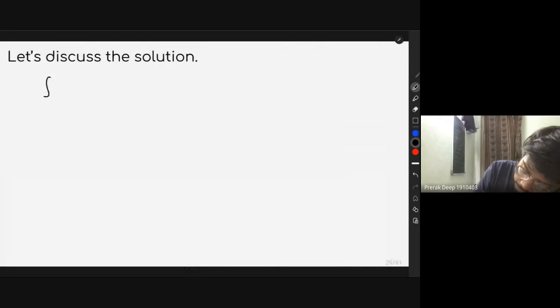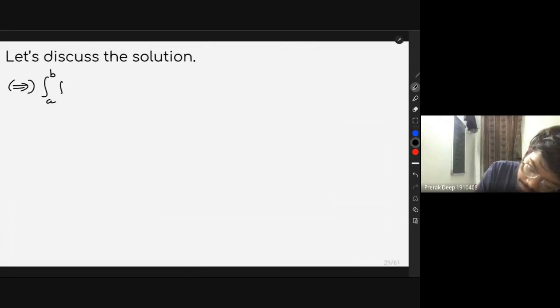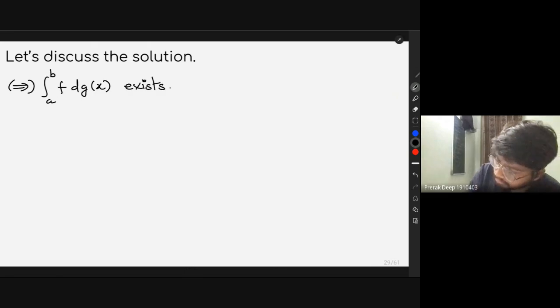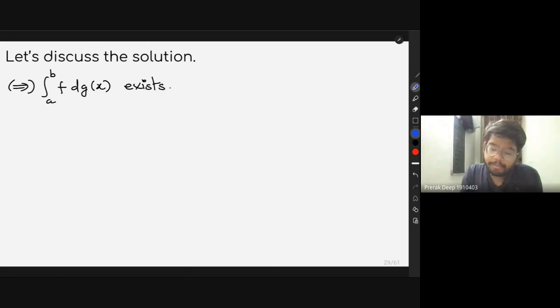So first we assume that this Stieltjes integral dg(x) exists. How do we see that?